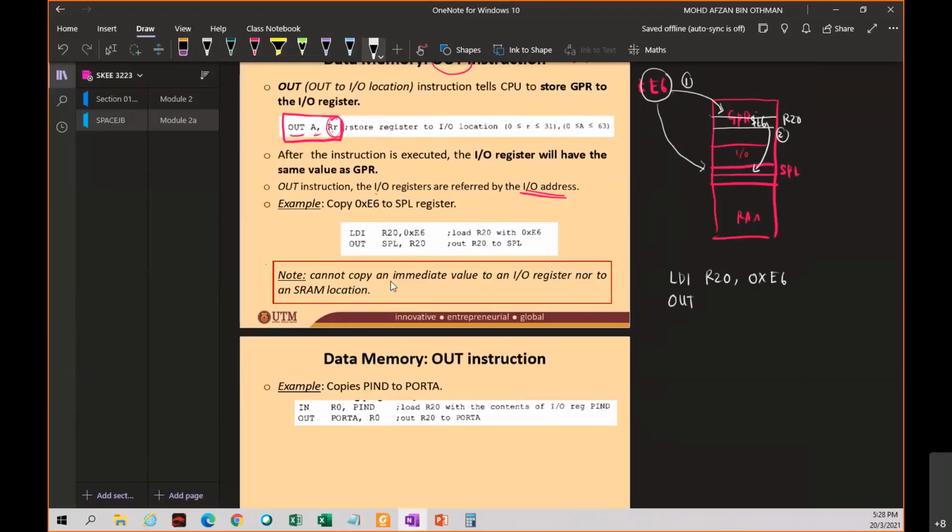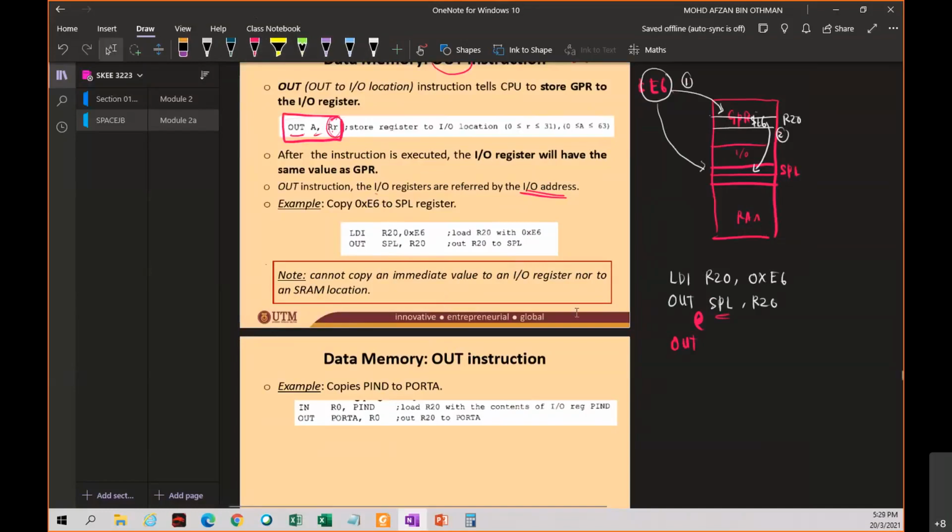So out, what is the SPL? Kena refer balik lah. Kita boleh pakai dia punya names, the register name. Kalau pakai register name, you simply write down out SPL, R20. Ataupun you can use the IO address.